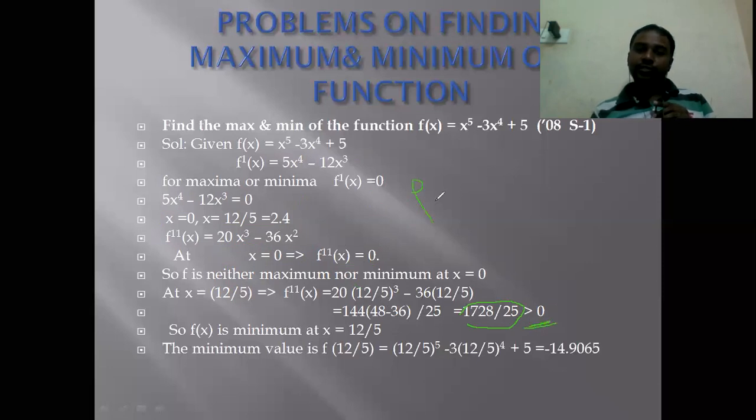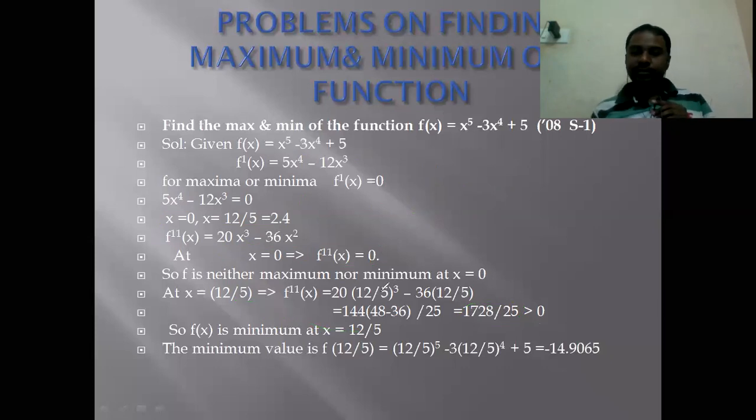So we know the conditions. If f double dash of x is greater than 0, we say that the function is minimum. The function is minimum at that particular point, 12 by 5.